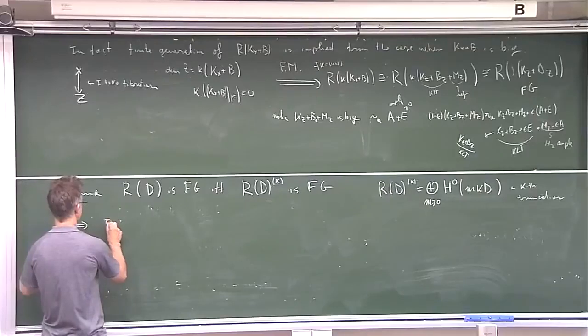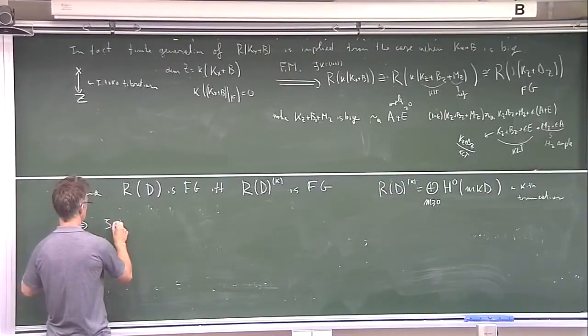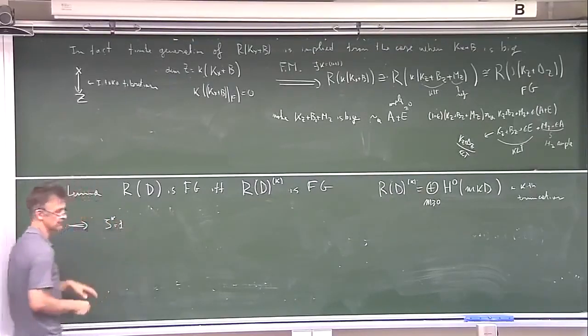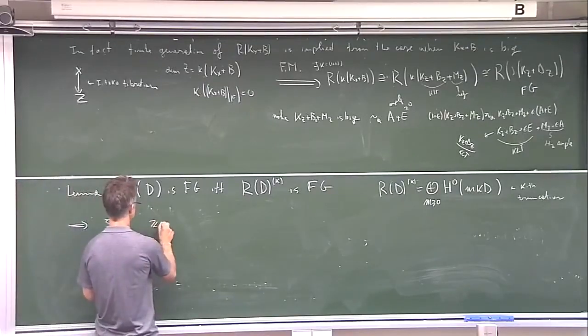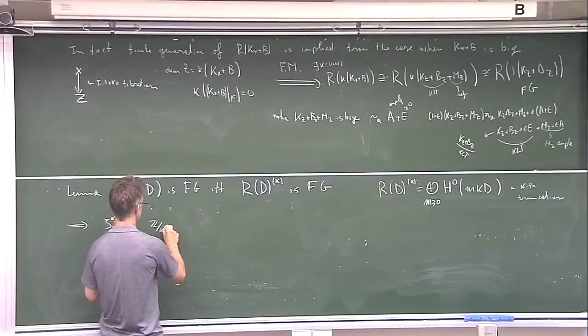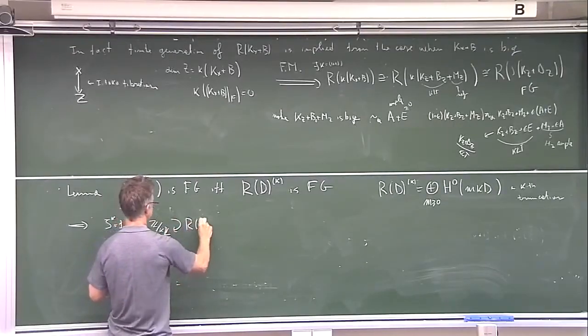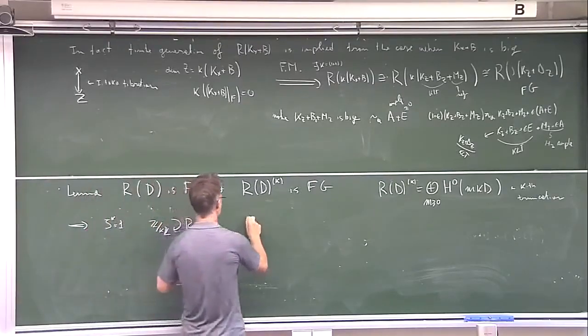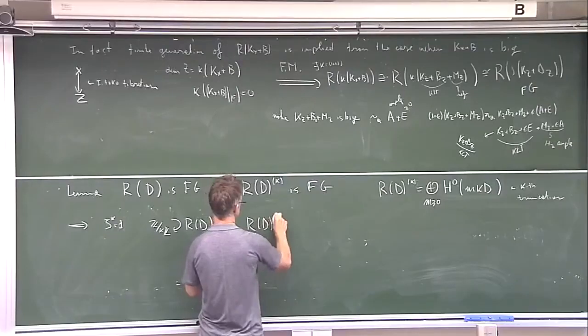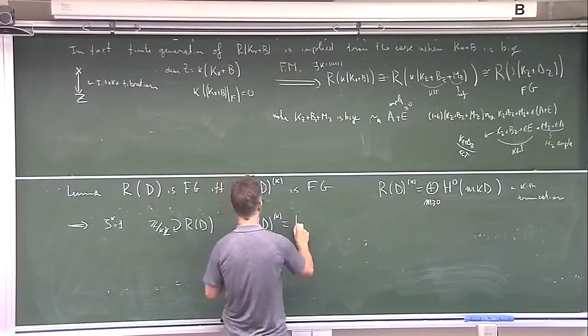So if you let zeta, with zeta to the k equals 1, be a primitive kth root of unity, then you get an action of Z mod kZ on this ring R(D), and the kth truncation is just the ring of invariants.